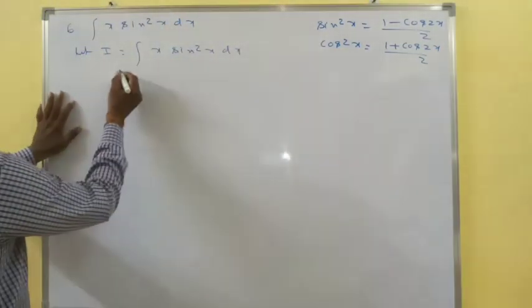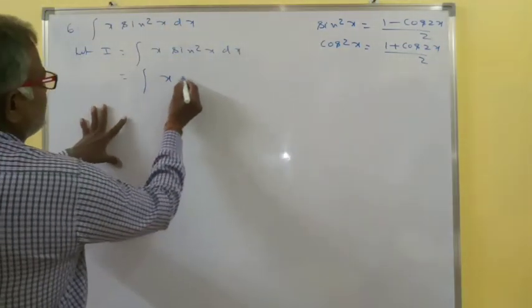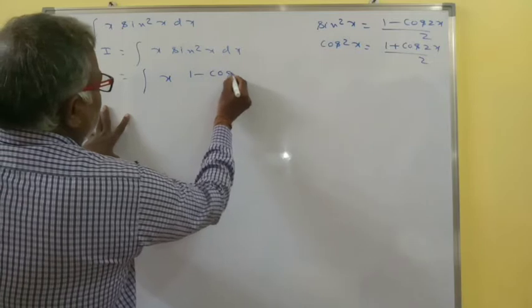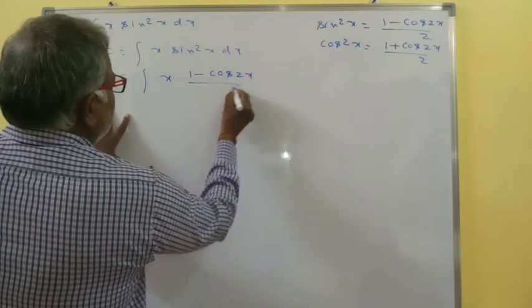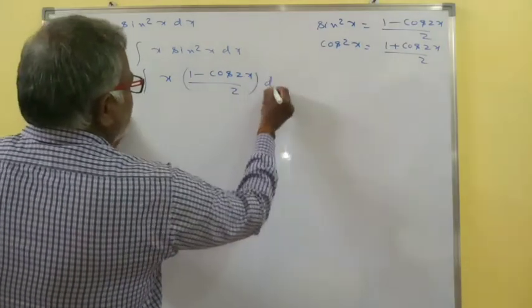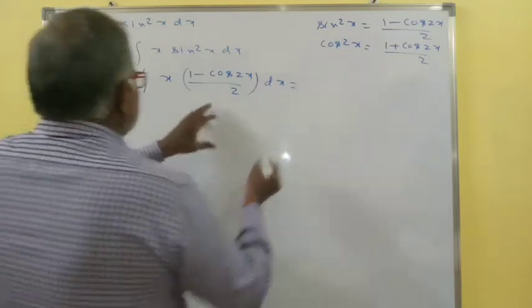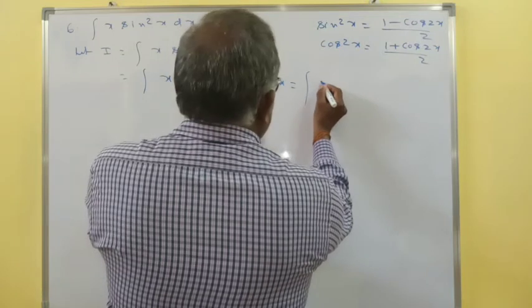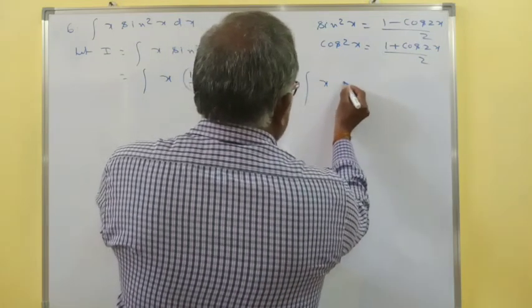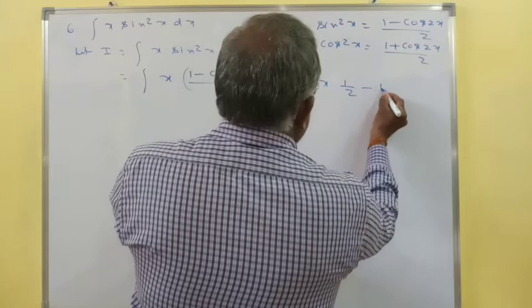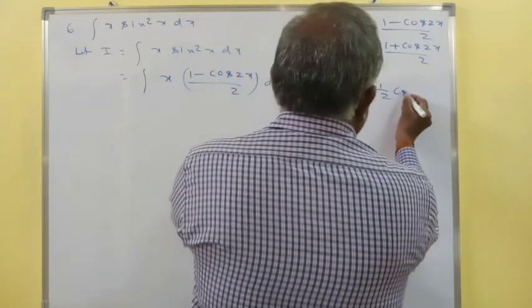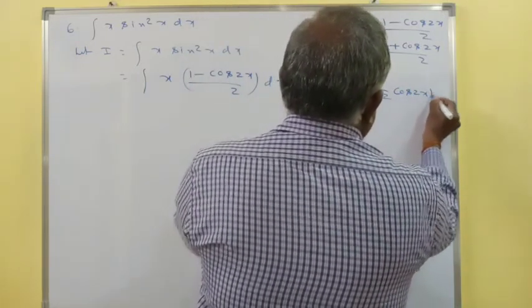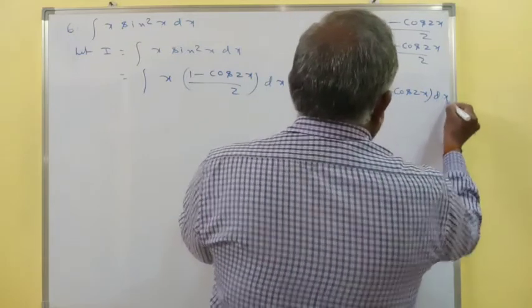Okay. So simply, x into 1 minus cos 2x by 2 dx. If you separate this, what we obtain is x into 1 by 2 minus 1 by 2 cos 2x dx.